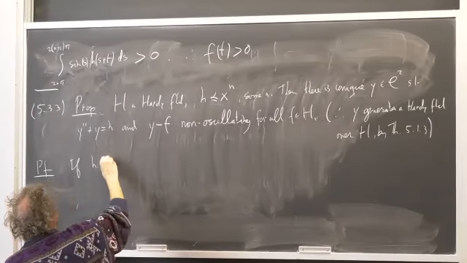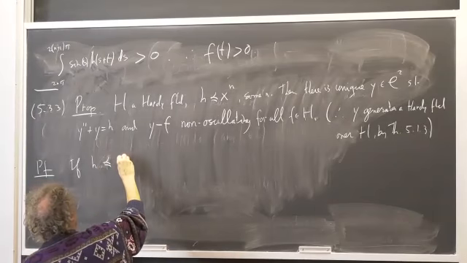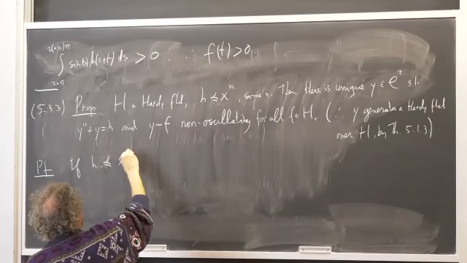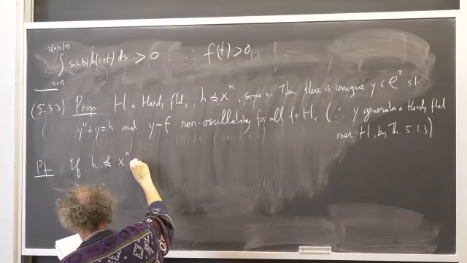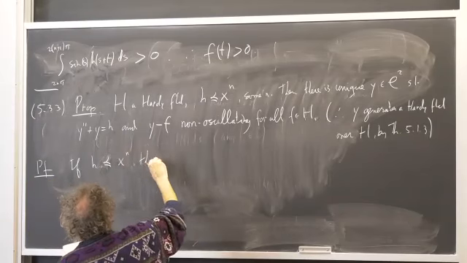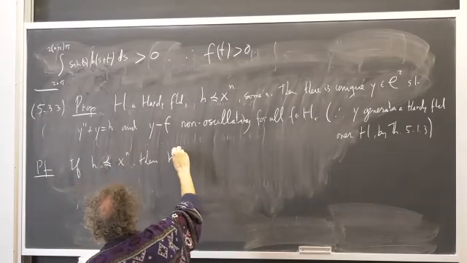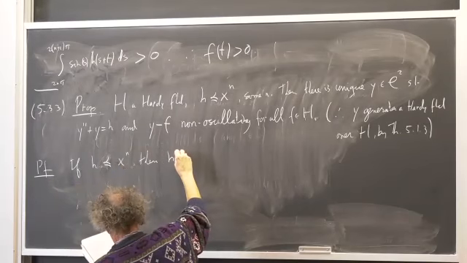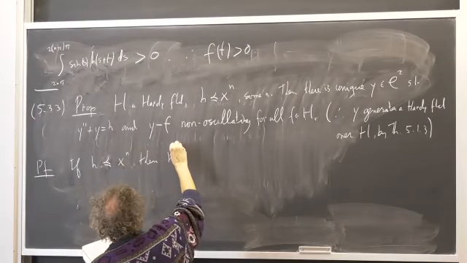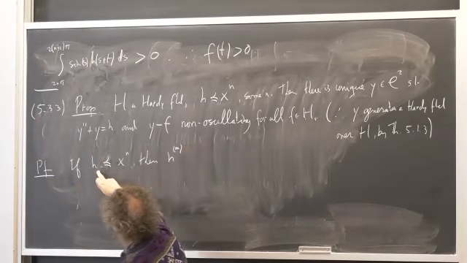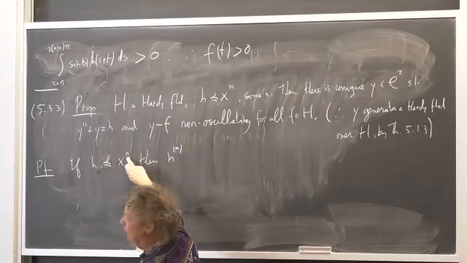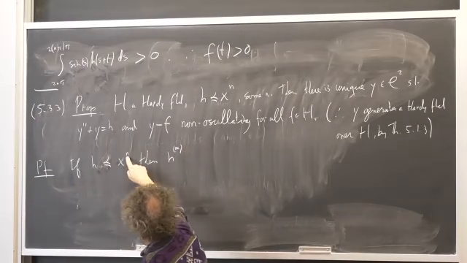So if h is dominated by x to the power n, then if you take a sufficiently high m-th derivative of h, every time you take a derivative, the n goes down by 1 till you reach n is 0.